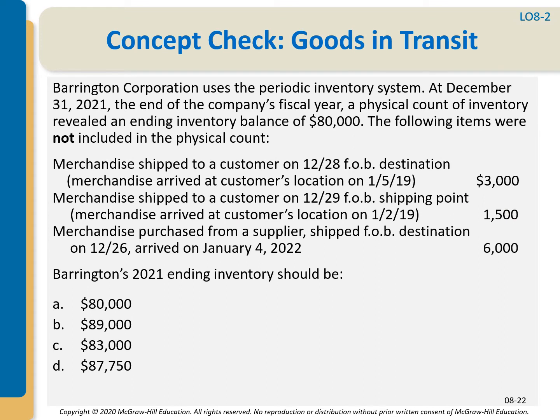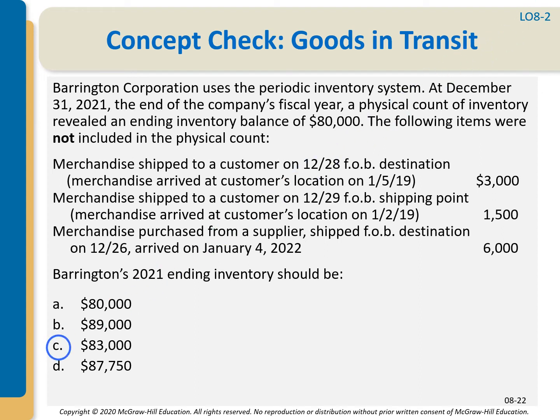Example: Barrington Corporation uses the periodic inventory system. At December 31, 2021, the end of the company's fiscal year, a physical count of inventory revealed an ending inventory balance of $80,000. So $80,000 physical count.